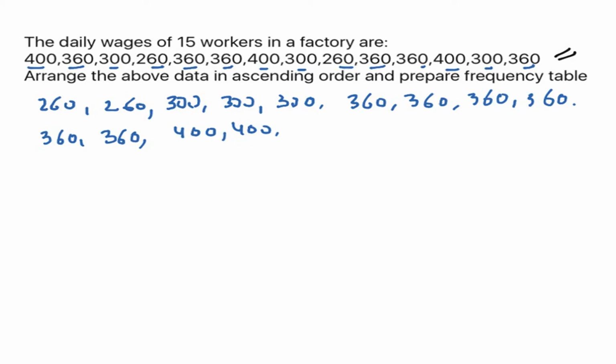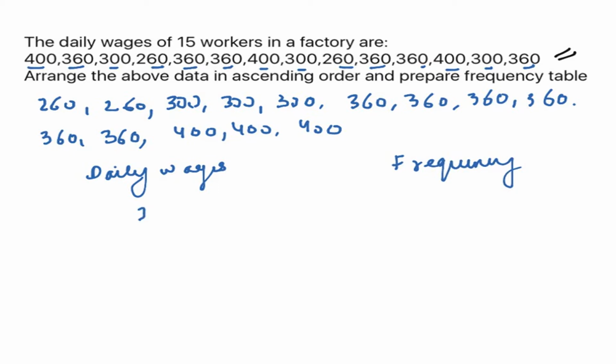Now we will calculate the frequency for this. We will write the daily wages, and here we will write frequency. So what we have: 260, 2 times; 300, 3 times; 360, 6 times; and 400, 3 times.